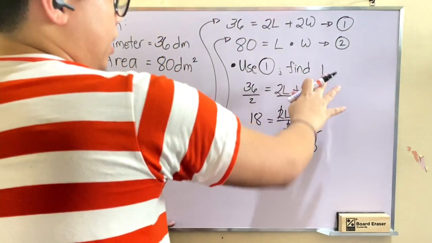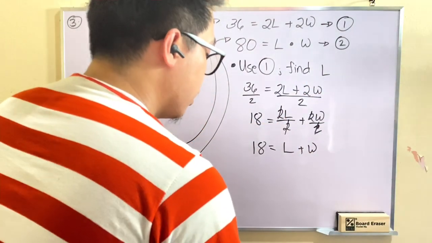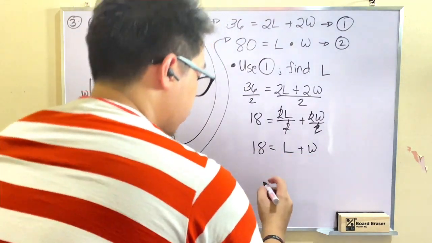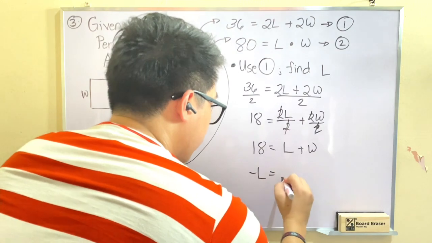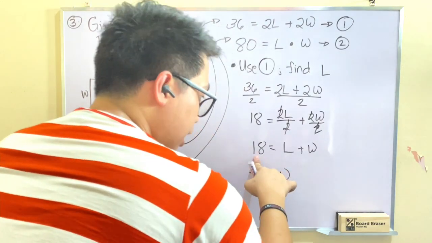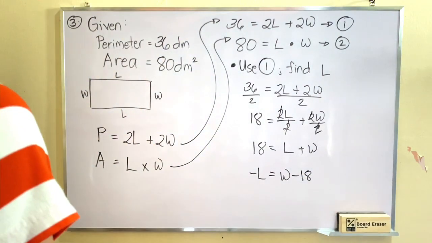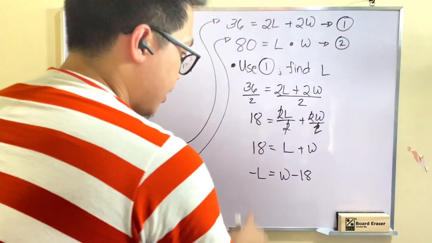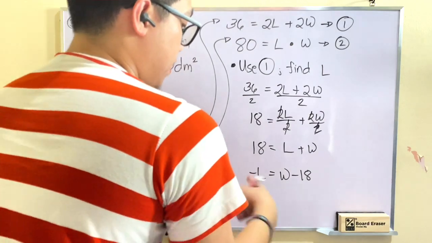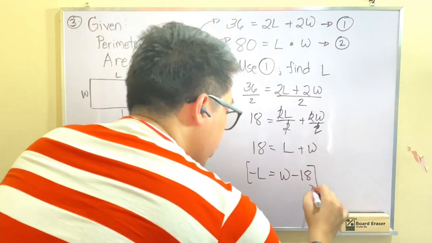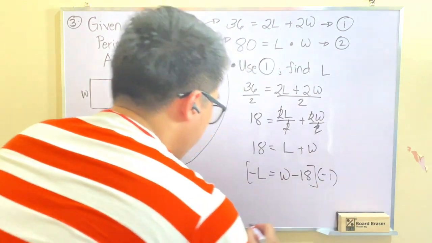Ang sabi, hanapin natin yung L. So, yung L, ililipat natin sa kabila. So, magiging negative L is equal to W. Yung 18, lilipat natin sa kabila, magiging negative 18. Ang sabi, L, walang negative. Para makuha natin ang positive ni L, of course, i-multiply natin ang buong equation sa negative 1.